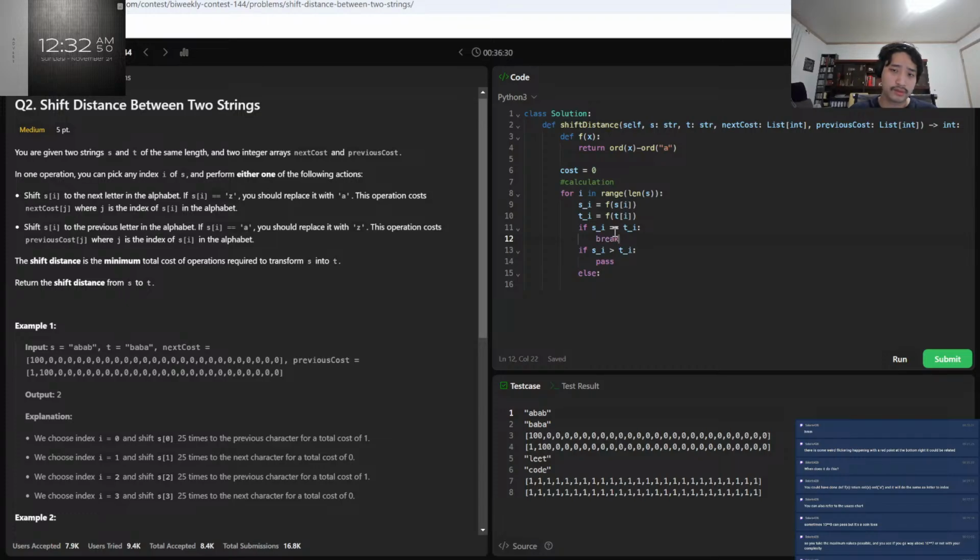Break. If it's larger, if s[i] is larger, no, I want to do less than or equal to. For i in range of t of i minus s of i. I'm doing this really suboptimally already, I see it.